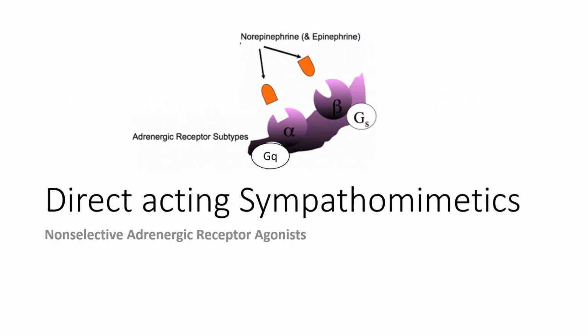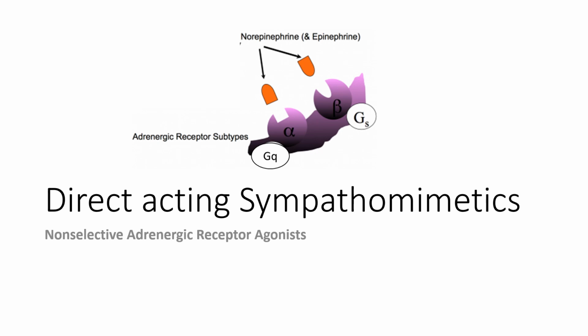Let us now take a look at some examples of commonly used direct-acting agonists, and we'll start, of course, with the non-selective adrenergic receptor agonists. These agents produce their effect by binding to alpha and beta receptors and thus mimic the actions of epinephrine and norepinephrine that naturally occur in our body.